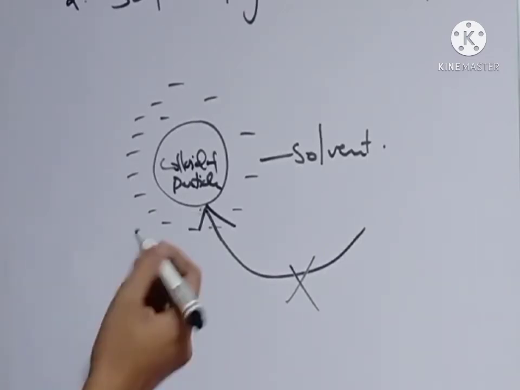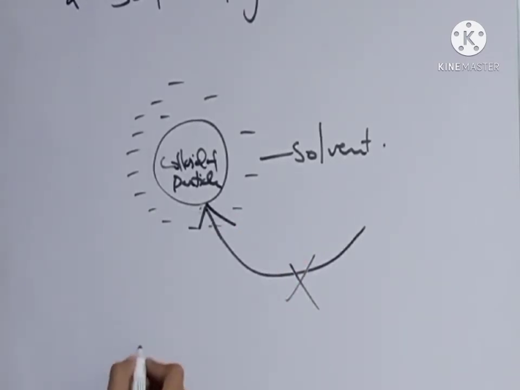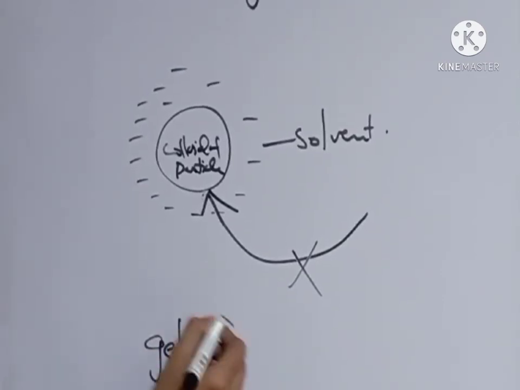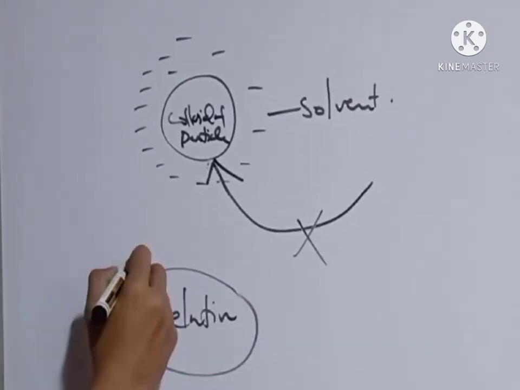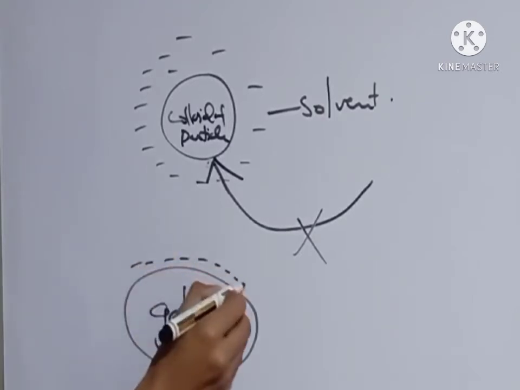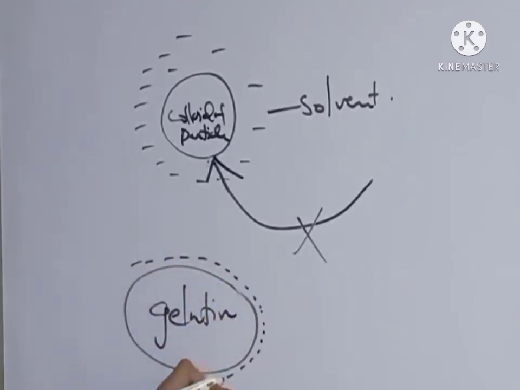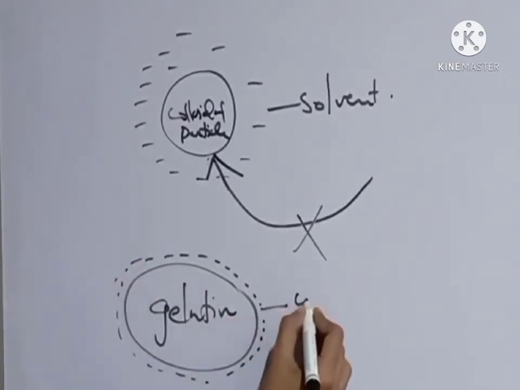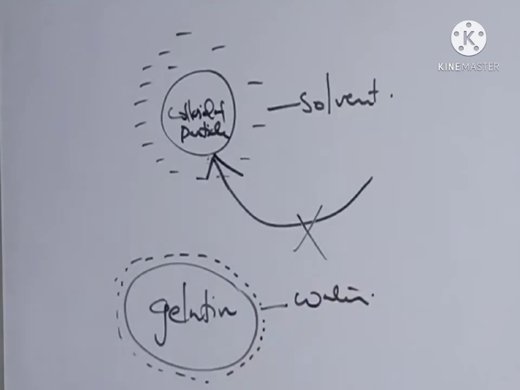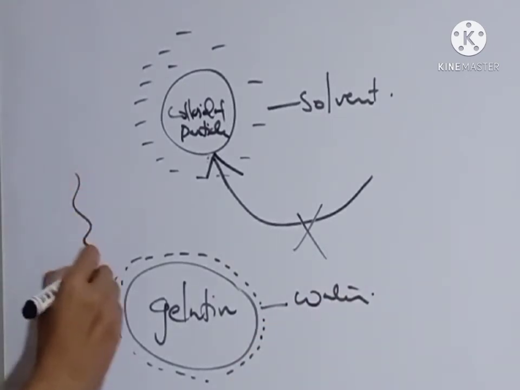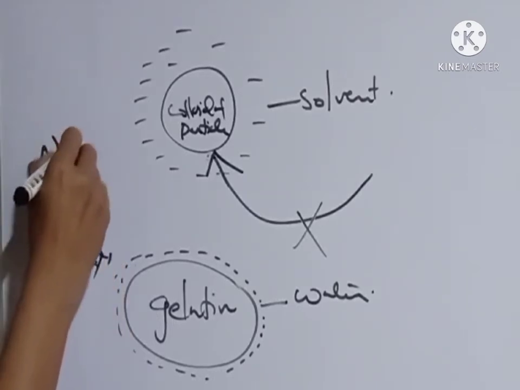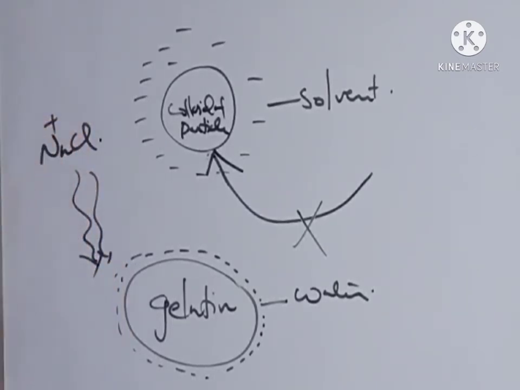For example, consider gelatin. Gelatin is a negative colloid. And normally the particles of gelatin are bonded with water. So if we add any coagulating substance, for example sodium chloride, Na+ ions are there.